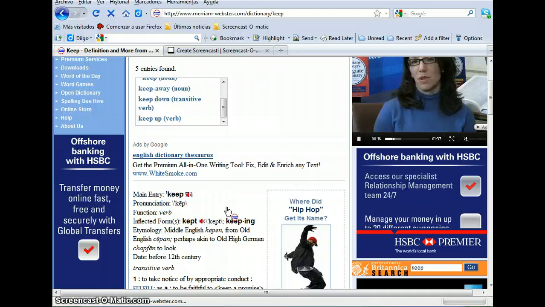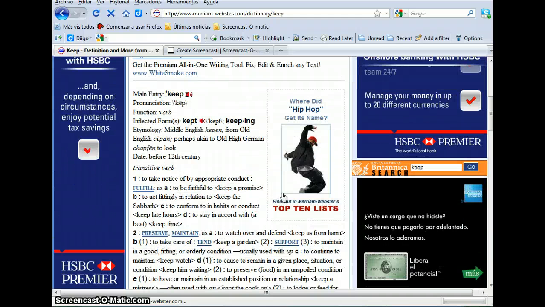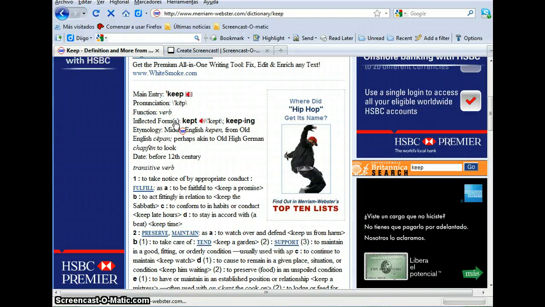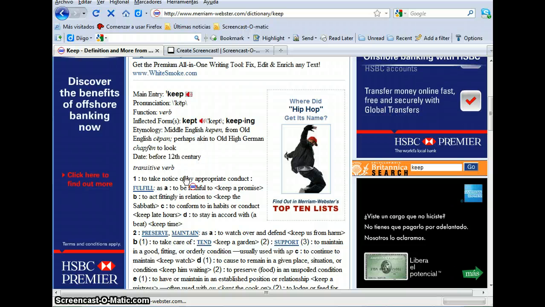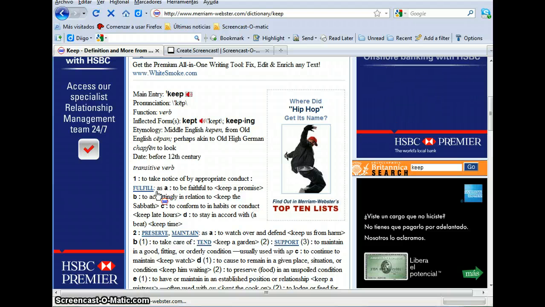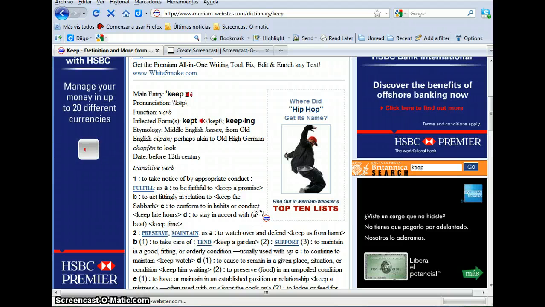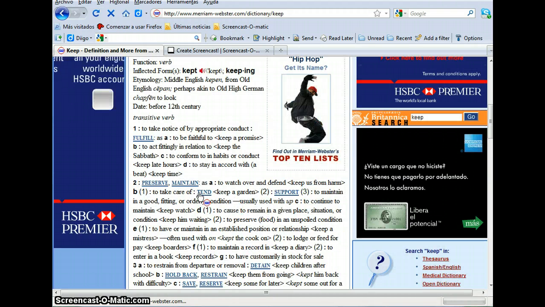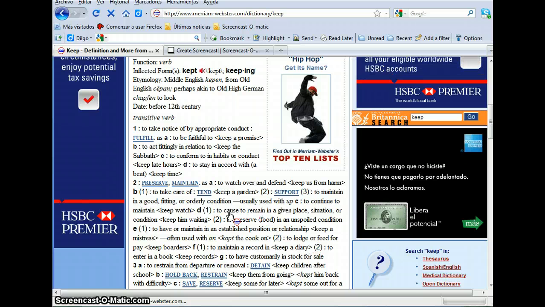Close that window. Come down here and it tells us a little bit about where the word comes from, that it's a verb, the first meaning here, to fulfill, to preserve, to maintain. You'll see the main meanings in capital letters here.